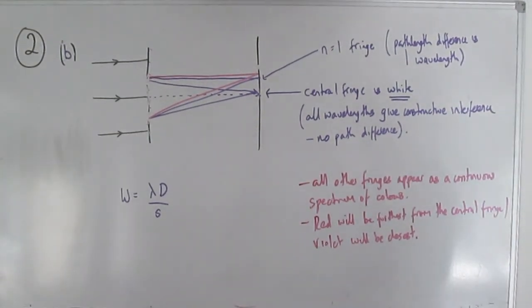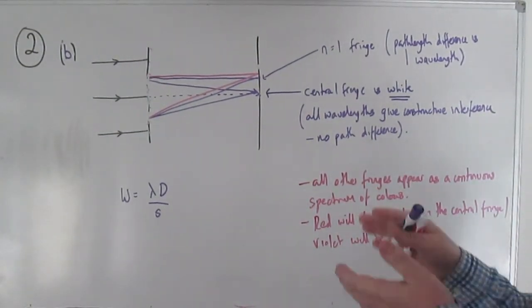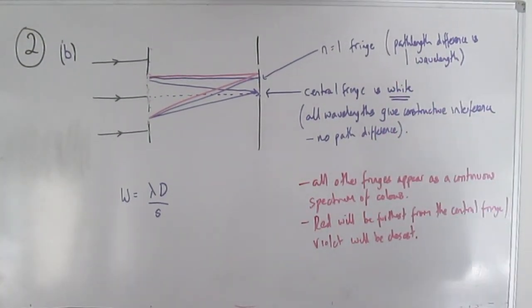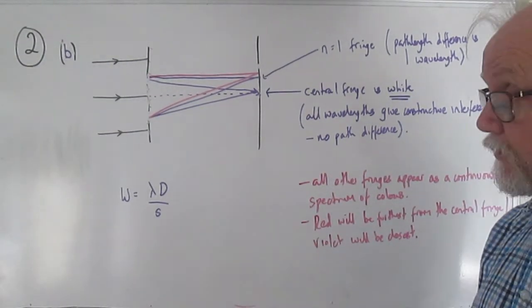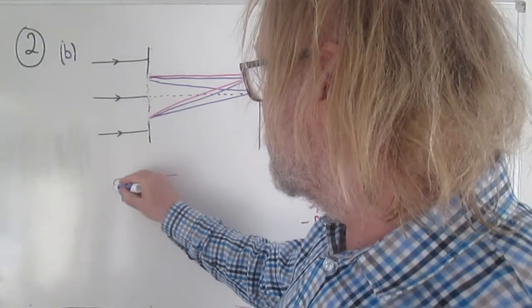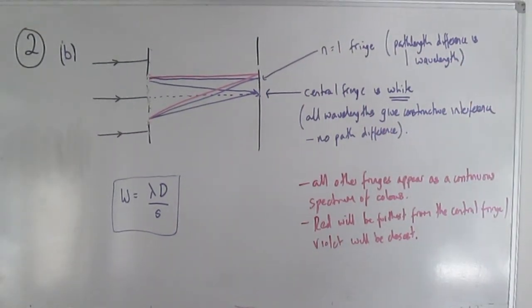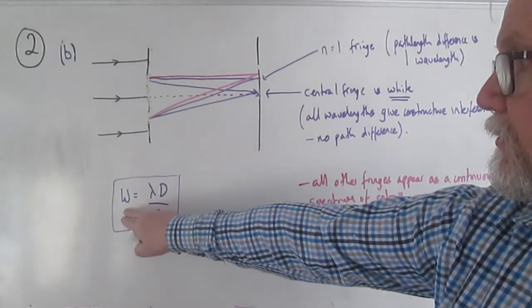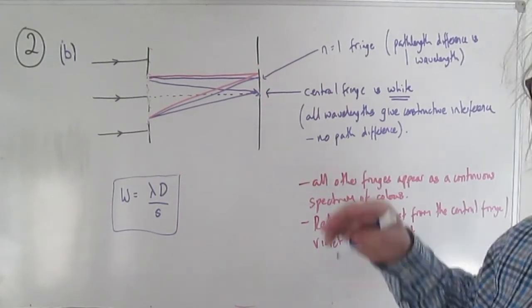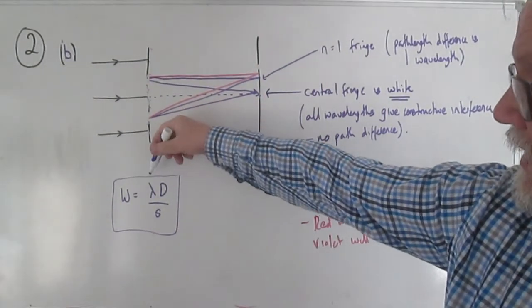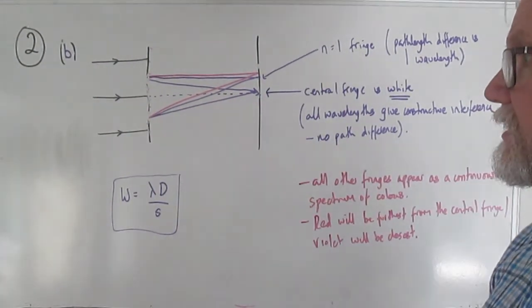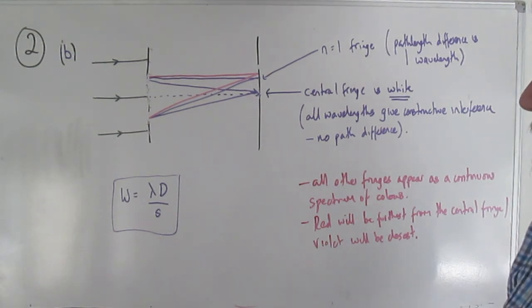The other way you can think about that, rather than thinking about the construction like that, is just to think about this equation, because that leads you to the same conclusion, that the width W, which is the spacing between adjacent bright fringes, is proportional to lambda.